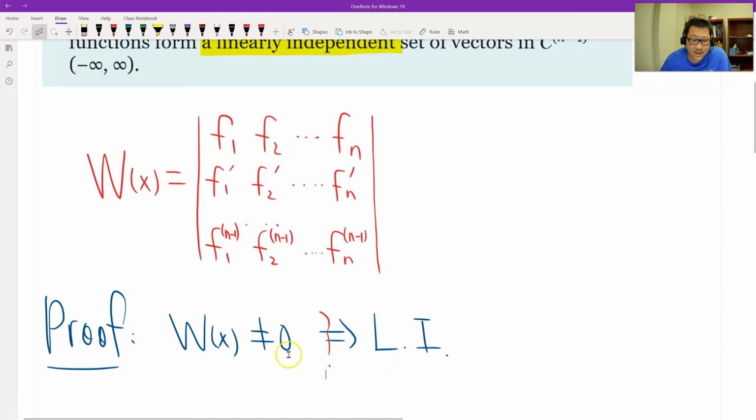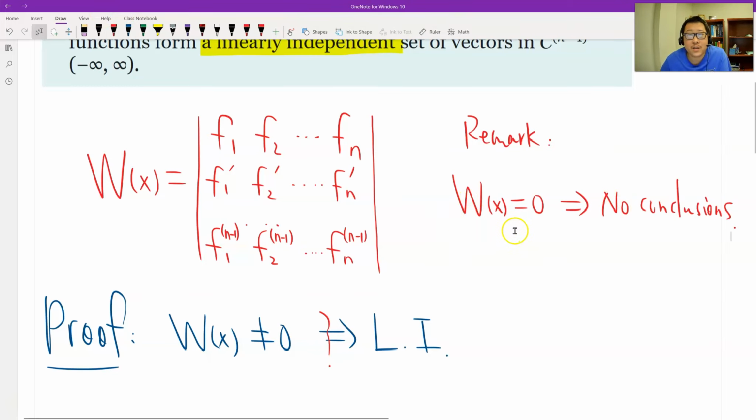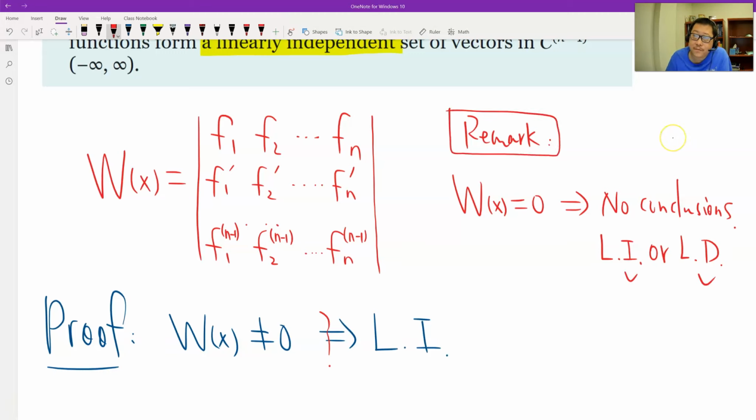No, it is not. So we cannot get any result. Simply put, if the Wronskian is identically zero, which is the zero constant function, no conclusion can be drawn. It means the set is either linearly independent or linearly dependent. Both are possible. This is important.